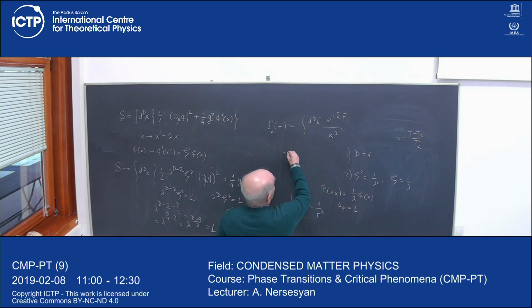So what you have here is the integral, roughly, k^(d-1) k^(-2) dk, and the exponent. Now what I do now is a typical way how to brutally and roughly estimate the integral.